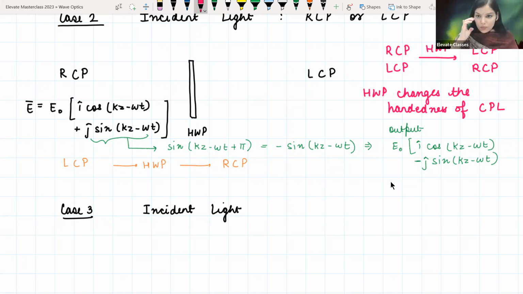CPL means circularly polarized light. So this is something which is important. So we should remember this.